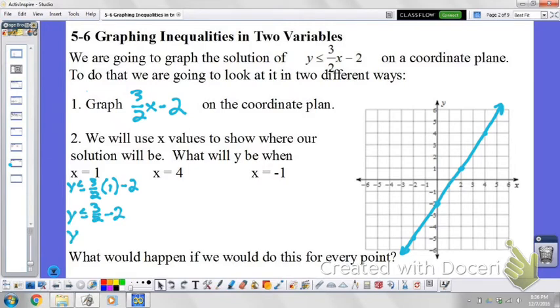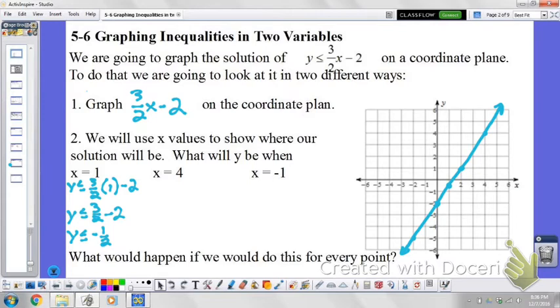So y is less than or equal to -1/2. So when x is equal to 1, which is right here, at that point right there, y is less than or equal to -1/2.